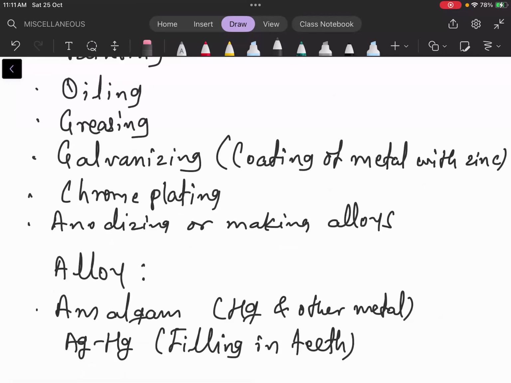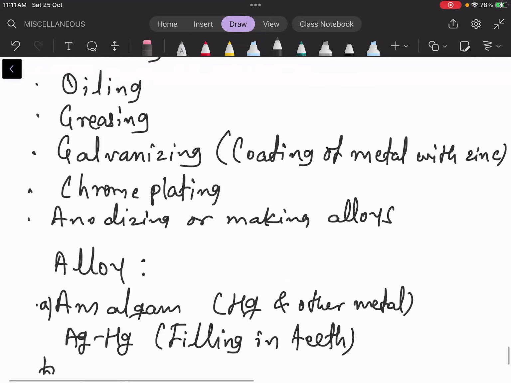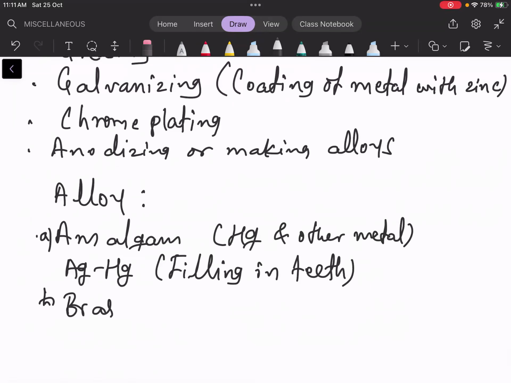Next alloy is brass. Brass is an alloy of copper and zinc. It is used for electrical fittings.